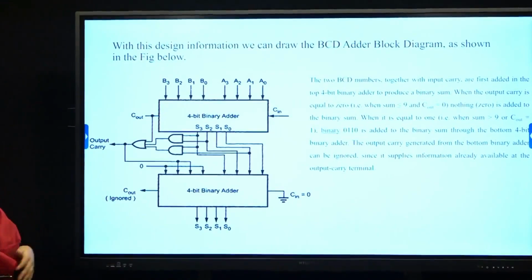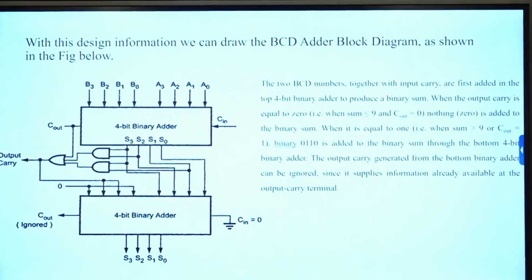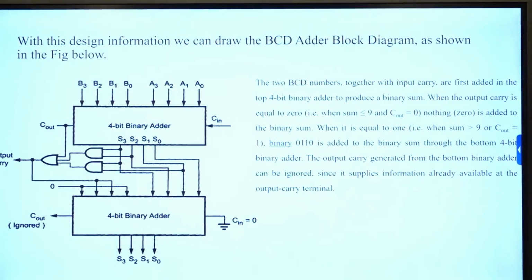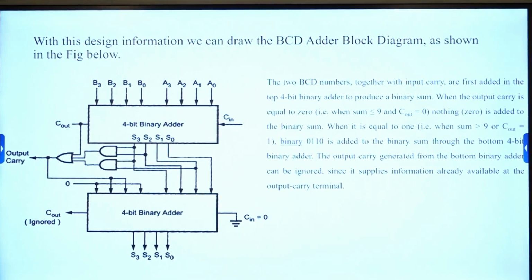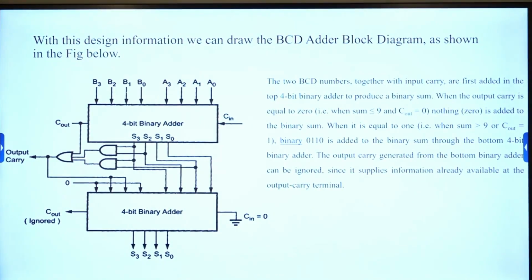Is that clear? So what we are actually doing in this circuit is, the 2 BCD numbers together with input carry will be added in the first binary adder, and that produces a binary sum. Now when the output carry is equal to 0, that is when the sum is less than 9 and carry is equal to 0, nothing is added to the binary sum. But when it is equal to 1, I have to add binary 0, 1, 1, 0 using this bottom 4-bit binary adder.